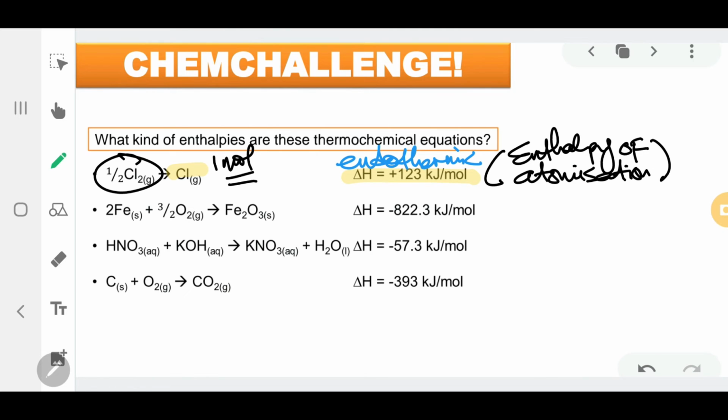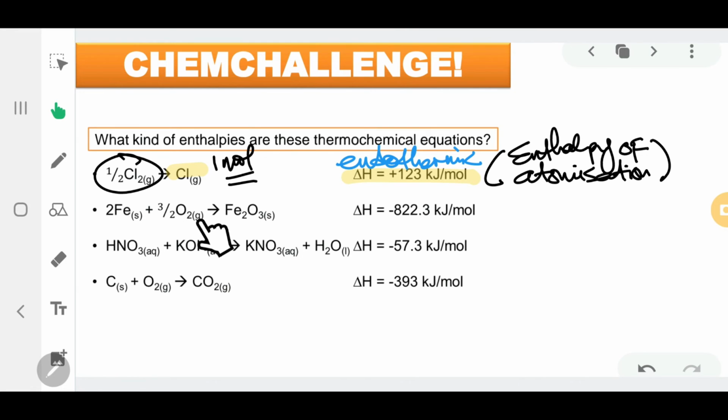Okay, so number 1 is the enthalpy of atomization. Why is it not standard? Because when you look at the symbol over here, you do not have the small circle on top, so that's why it's not a standard enthalpy of atomization.